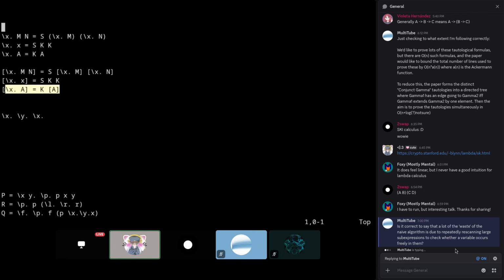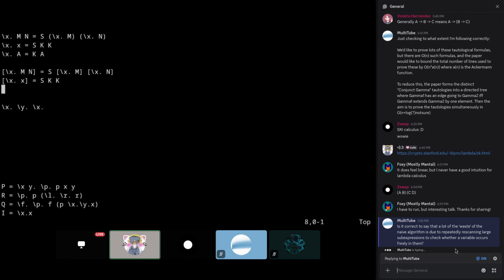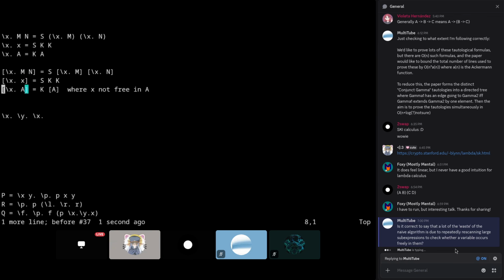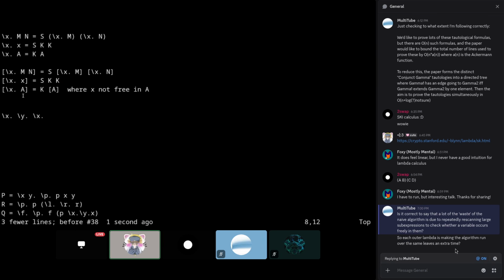The way I avoid the check where you have to look for the variable in A is I just omit this step entirely. You only need the first two rules really, because you're going to have to walk the tree however many times anyways. Sorry, wait. How can you just omit that?